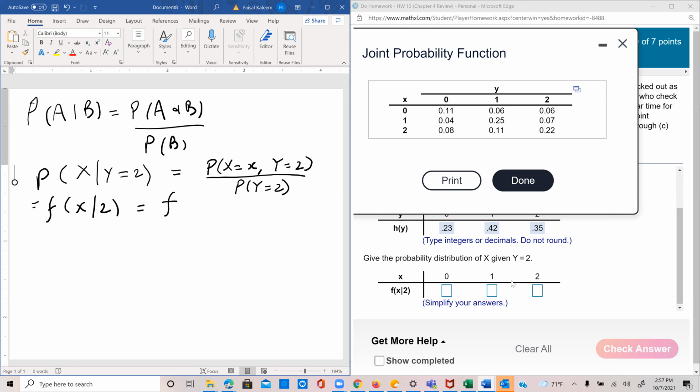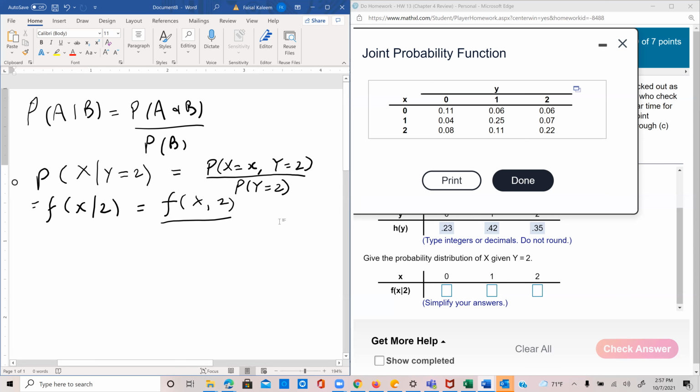Okay, so this is the same as f of x comma 2 over, and this will be the marginal density of y at y is equal to 2.